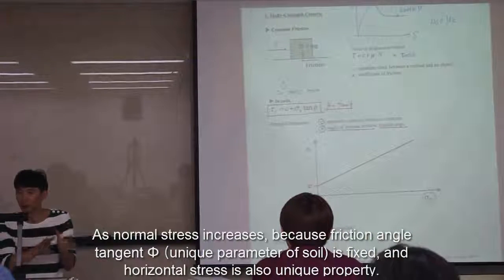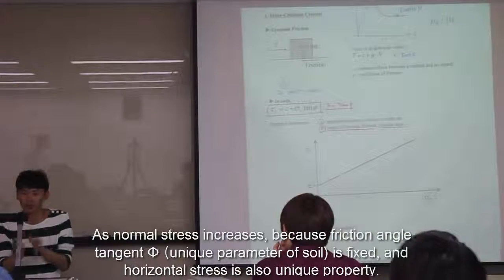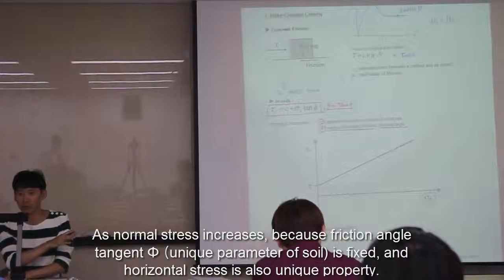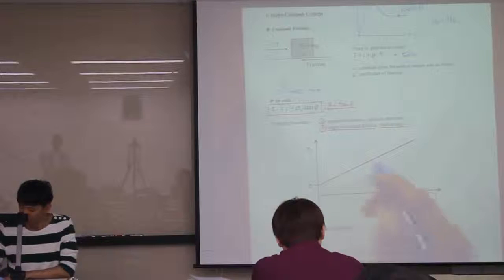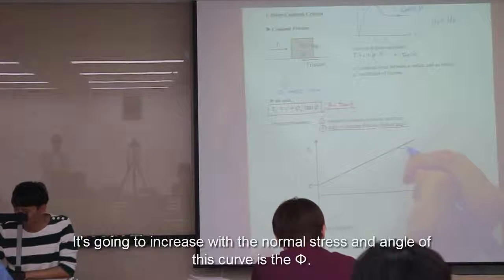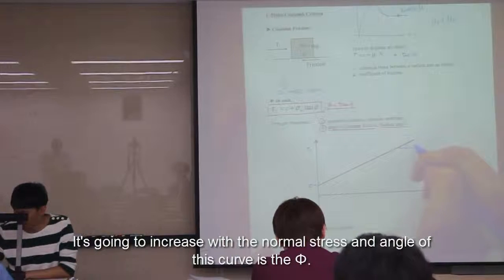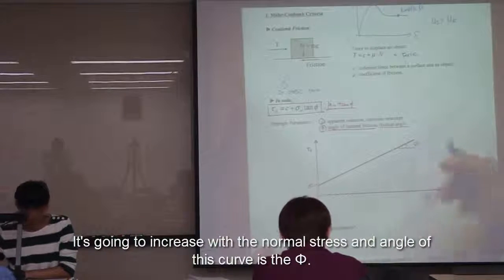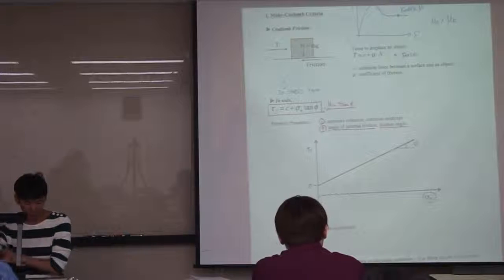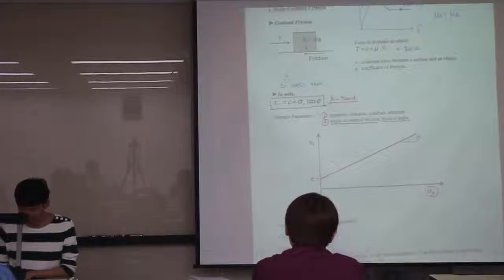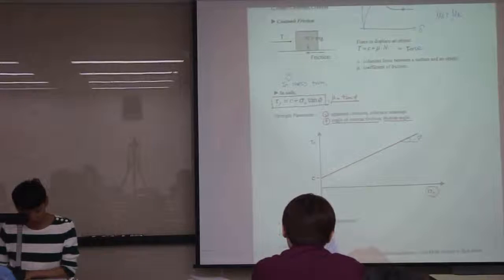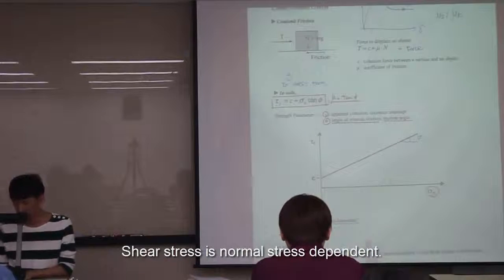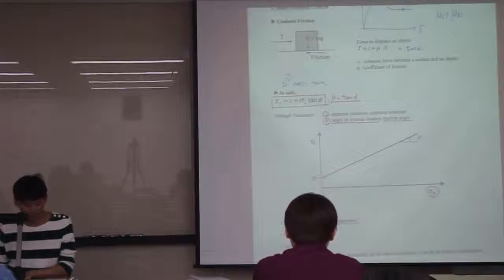It's a unique property for soil, and the cohesion intercept is also a unique property. So it's going to increase with the normal stress, and the angle of this line is phi, the internal friction angle. So as is said here, shear strength is stress dependent. Actually, it's normal stress dependent.